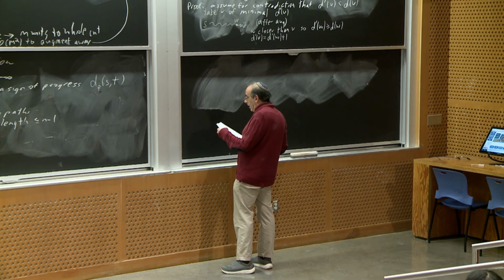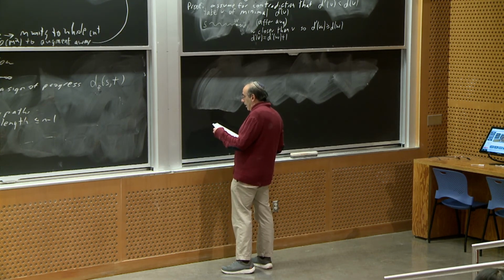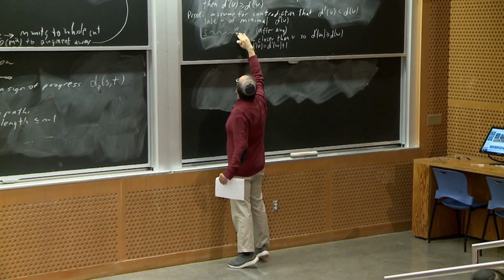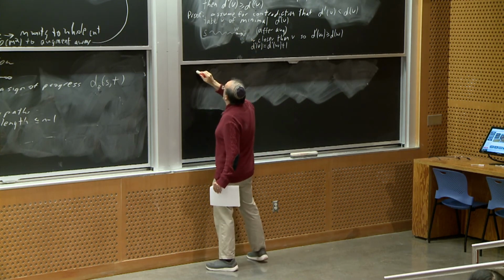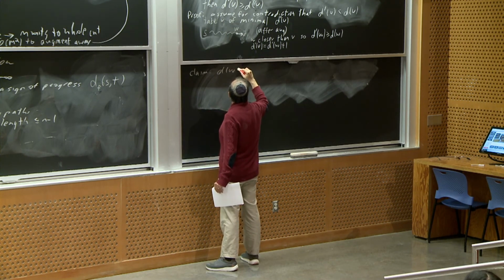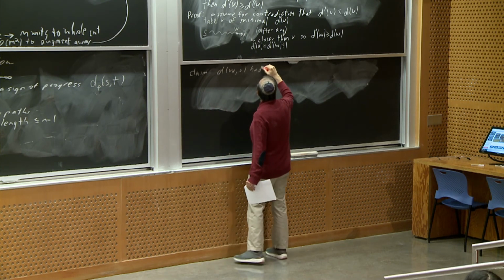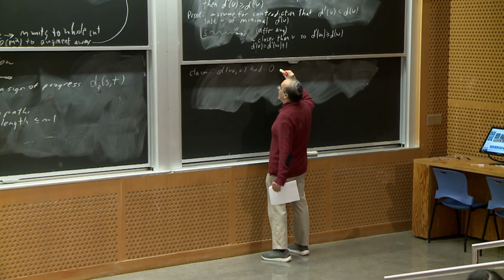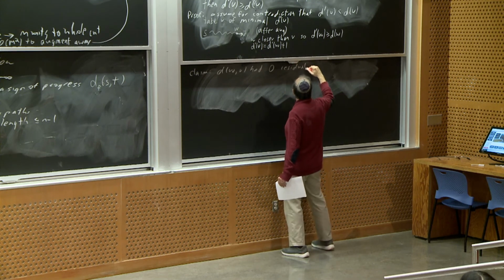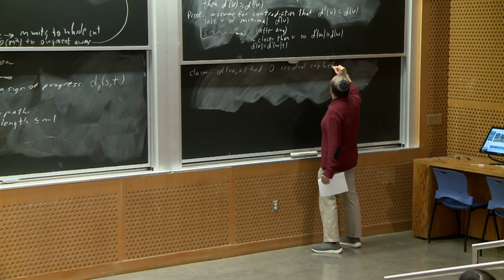Okay. So suppose that this edge from W to V, I claim that it had 0 residual capacity before the augmentation.